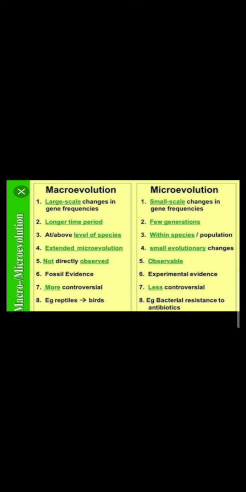Secondly, macroevolution takes a longer time period, whereas microevolution takes a few generations. Thirdly, macroevolution operates above the level of species, whereas microevolution operates within species. Again, macroevolution is not directly observed, whereas microevolution is observable. And thus, there are many more differences between microevolution and macroevolution.